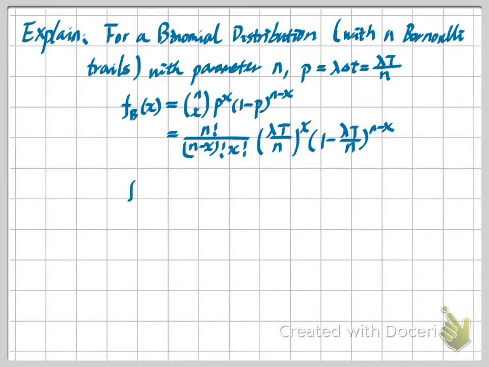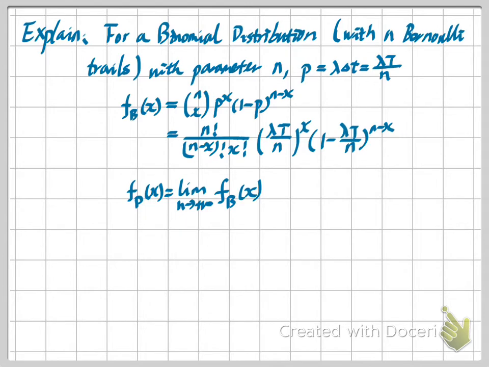In other words, the PMF of our Poisson distribution, which I denote by f sub P, is equal to the limit when n goes to infinity of our f sub B. So we say one distribution can approximate the other distribution as n goes to infinity. In other words, the PMF of this distribution can approximate the PMF of another distribution when n goes to infinity.